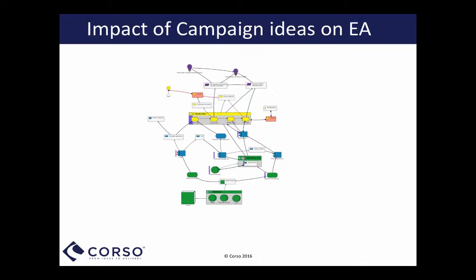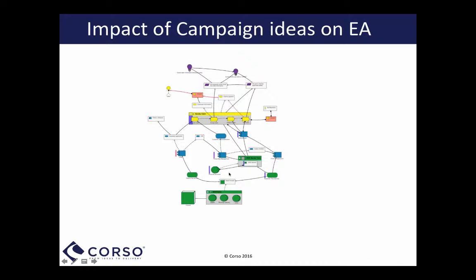Then we can build a broader picture in terms of a particular campaign. How does a campaign, which might have originated from the business, involve some Mode 1 and Mode 2 elements, and how do we connect that? So we've got ideas through requirements into business process, application services, application components, technology, down to the technology stack.